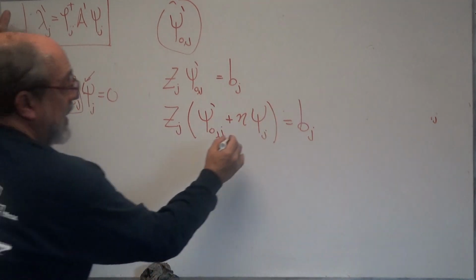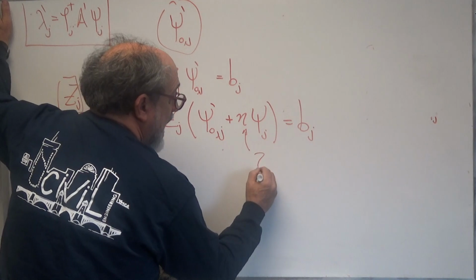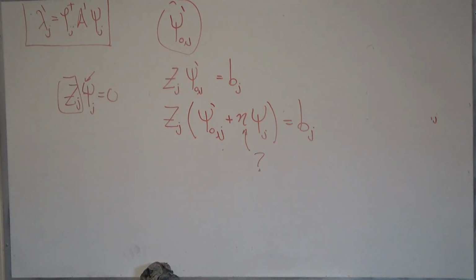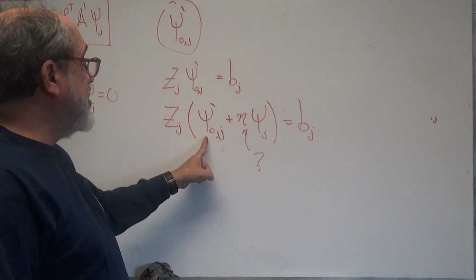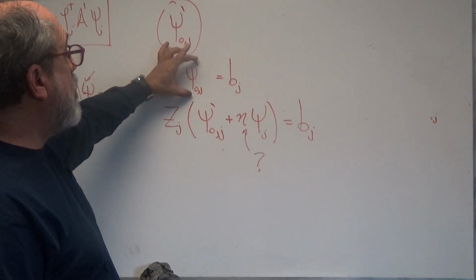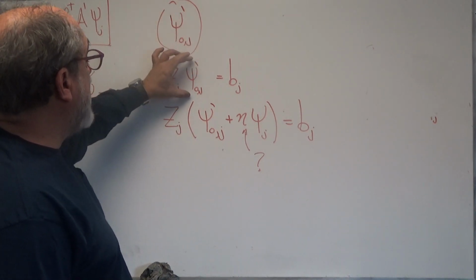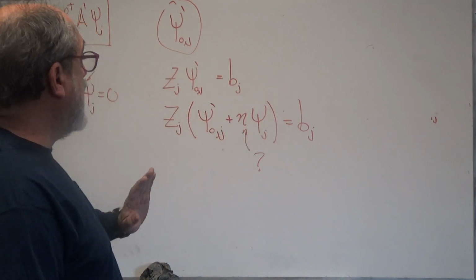So the question is, how should we select the value of n? I repeat, I have not at this point stated how I got this term here. I'm just saying, take my word that I found a way to find something here that works, okay?